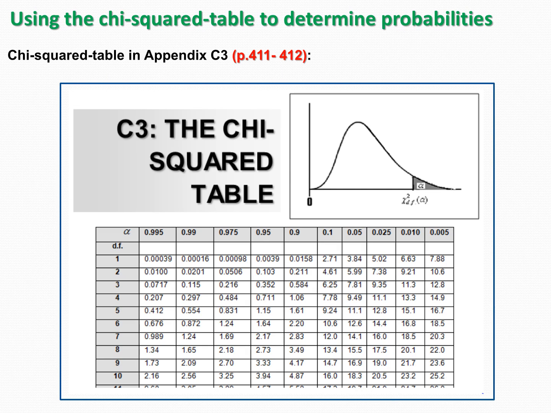The chi-square table is given in Appendix C3 in your textbook, and it spans over 2 pages for different degrees of freedom values. So it works similar to your t-table. You have your degrees of freedom values here on the left-hand side. Then the alpha row at the top gives your probability values to the right-hand side of a critical chi-squared value, and your critical chi-squared value is found inside the table.